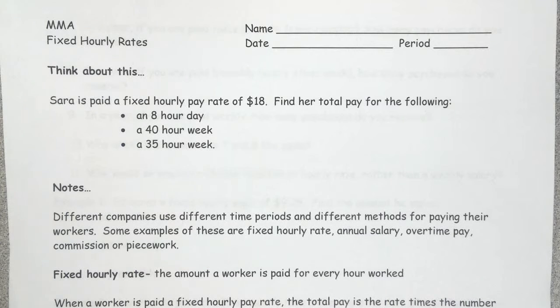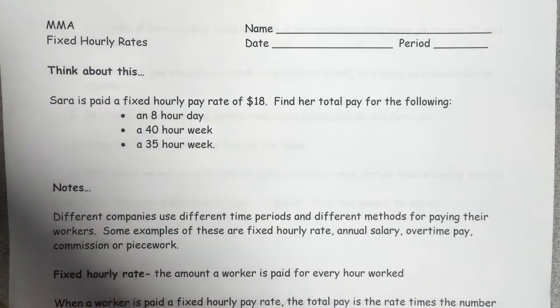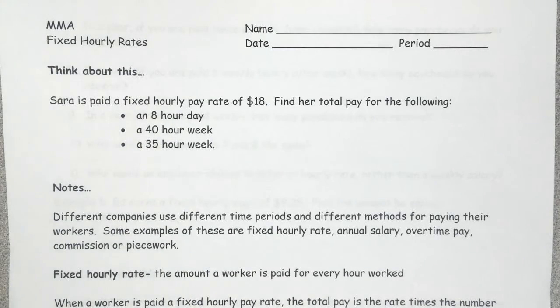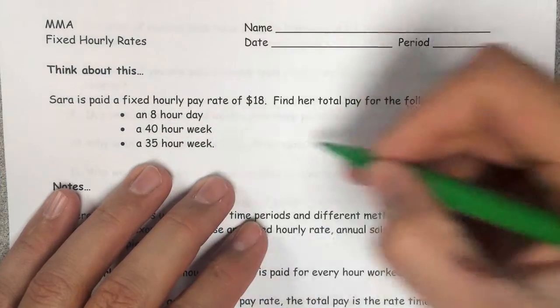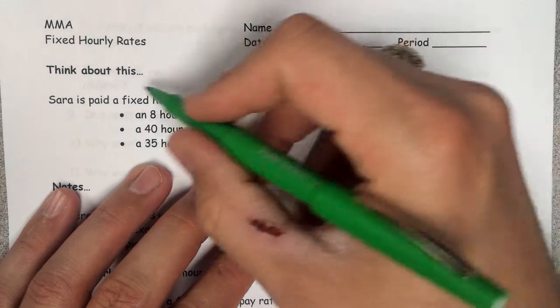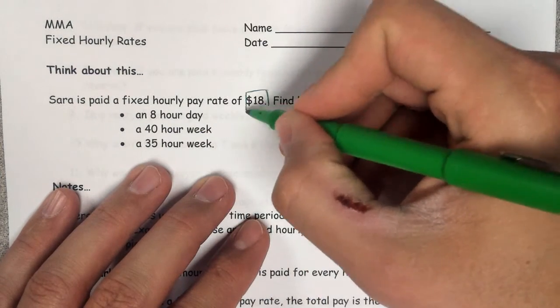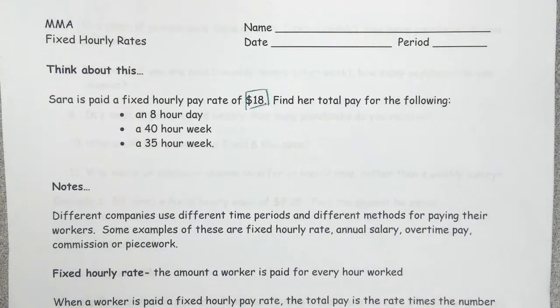Okay, we're starting our financial unit. The first thing we're going to talk about are fixed hourly rates. Basically, this is someone that's working and they get paid for each hour they work. In the first example here, this person, Sarah, is getting paid $18 an hour.